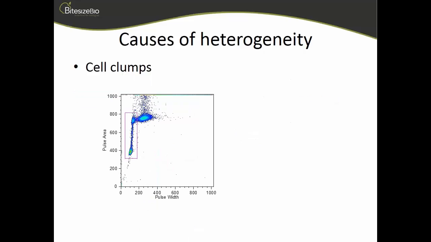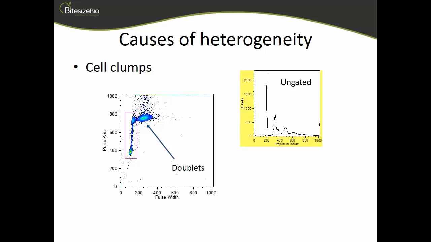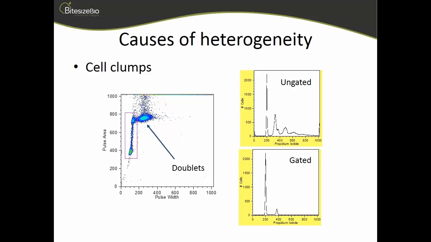So in practical terms, we can look at, in this case, pulse width, pulse area, and exclude our doublets that have a longer width. So if we look at our DNA histogram completely ungated, so we look at all the data, we can see a recognizable G1 peak, but this is much more difficult to interpret. Once we apply our gate, then we can see our G1, few S-phase cells and our G2 cells much more easily.